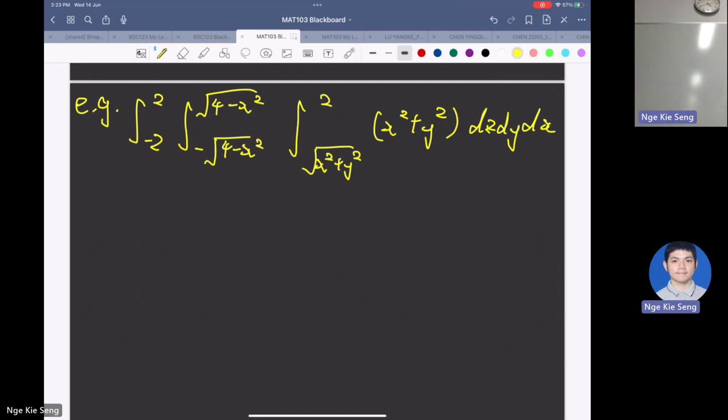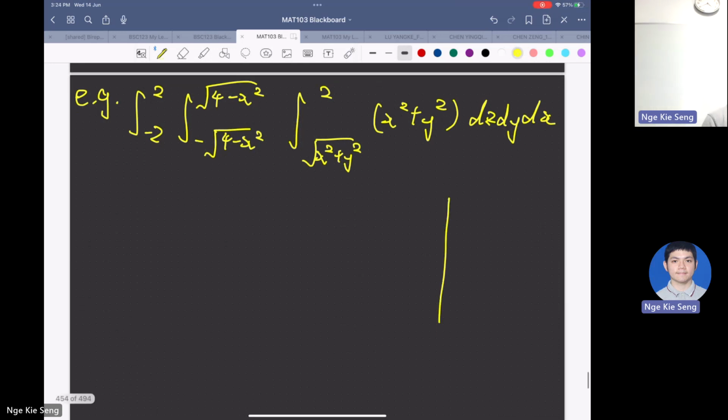What's the domain here? dz dy dx. So which one gets fixed first? dx, right? The outer one gets fixed first. So let's try and draw this domain here.